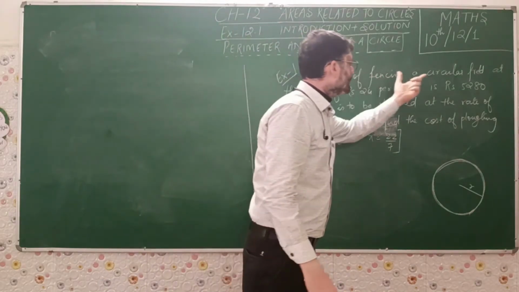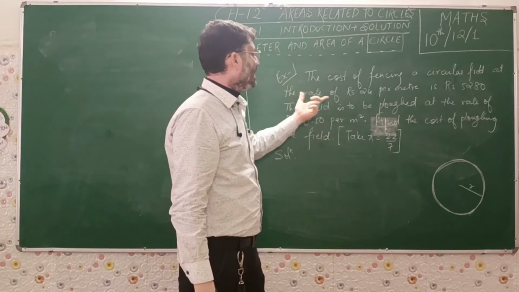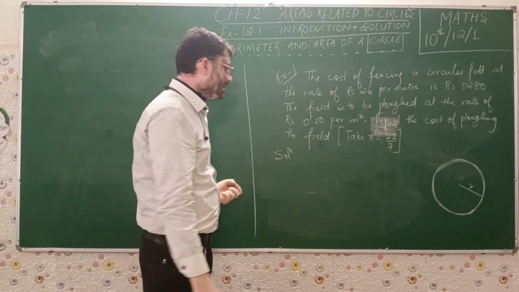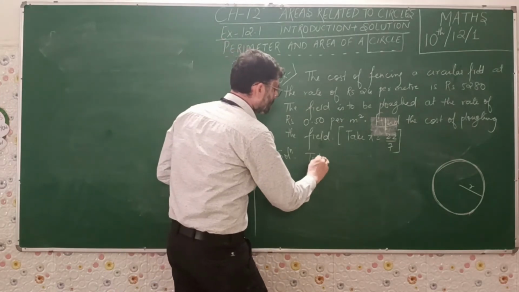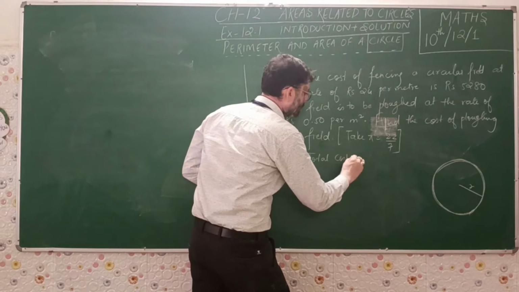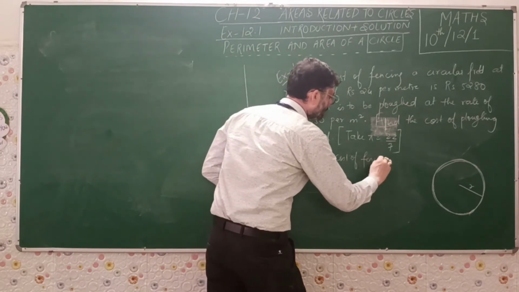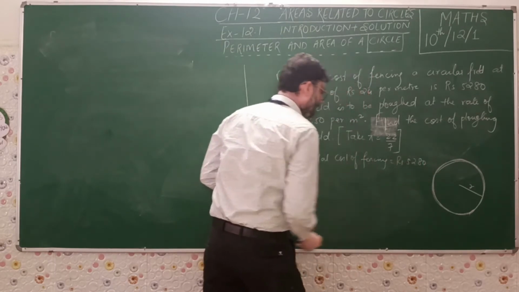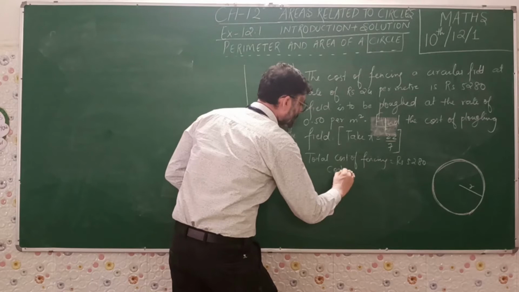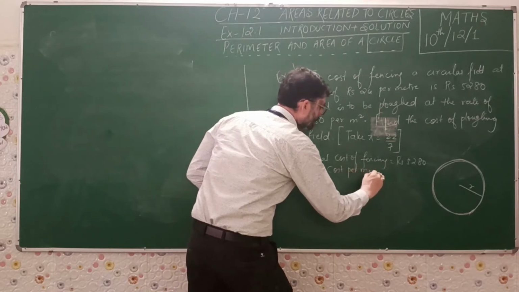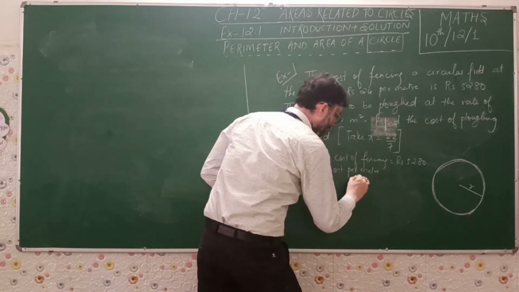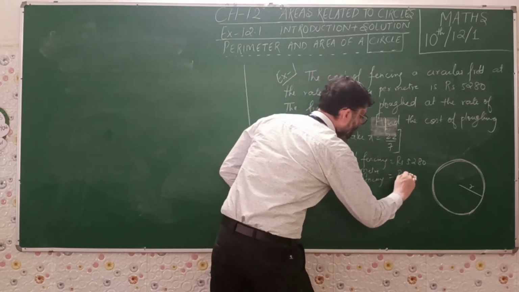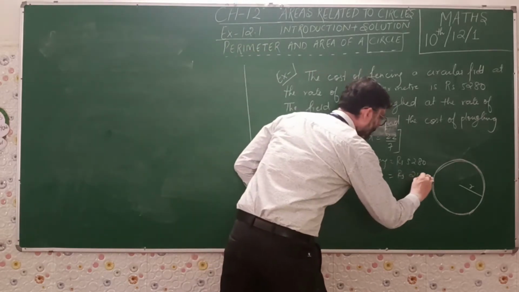The cost of fencing a circular field at the rate of ₹24 per meter is ₹5280. So the total cost of fencing is ₹5280, and cost per meter of fencing is ₹24.